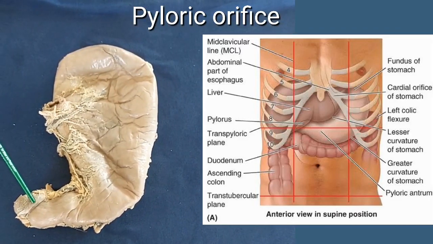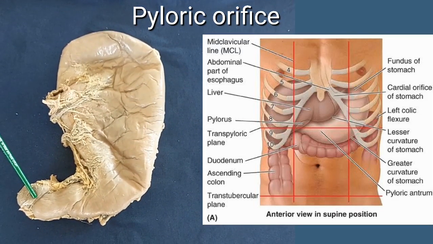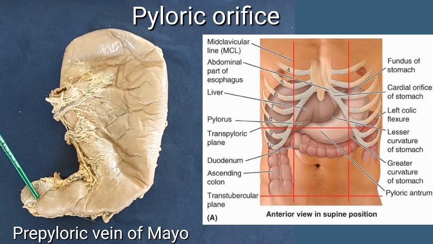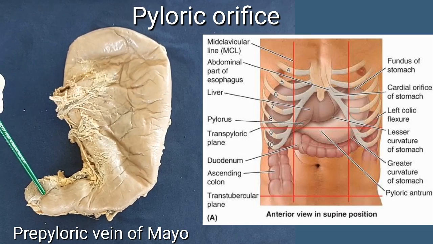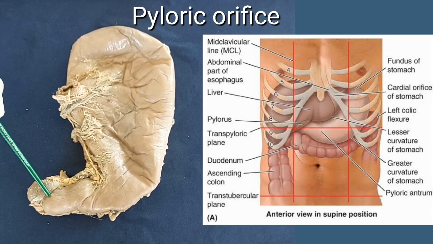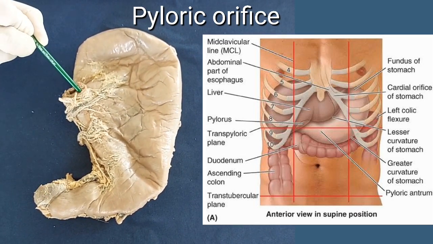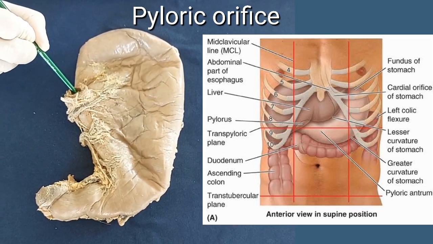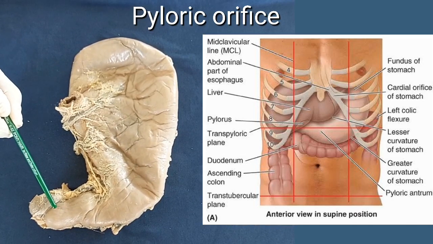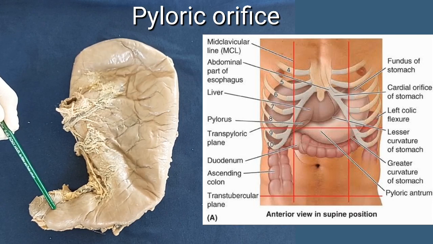Pyloric orifice. It is demarcated by a circular groove which is known as the pyloric constriction, and in living it presents the pre-pyloric vein of Mayo. The pyloric end of the stomach is thicker, more superficial and more movable as compared to the cardiac end, and sometimes the pyloric end is stained with bile.